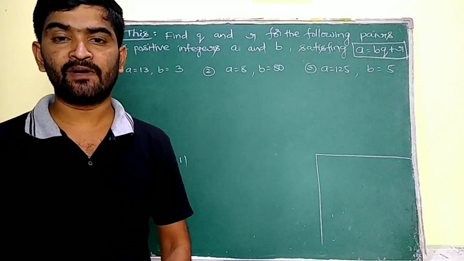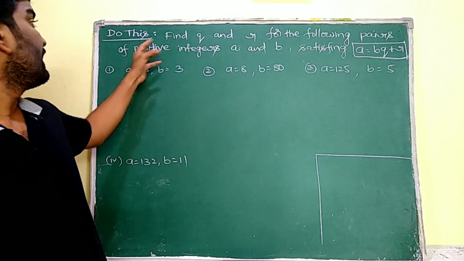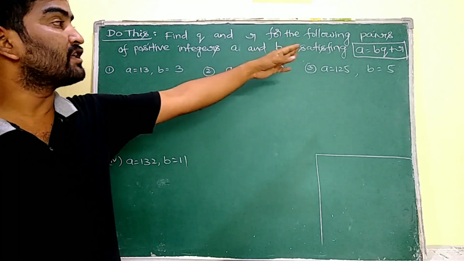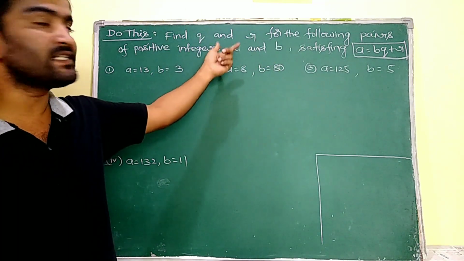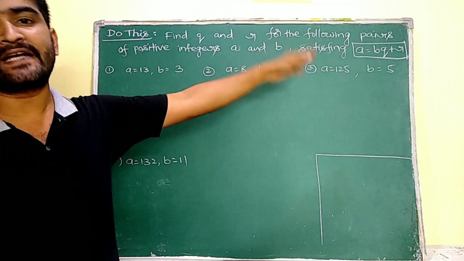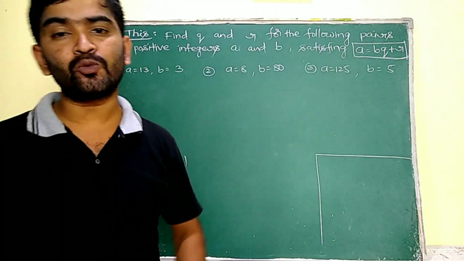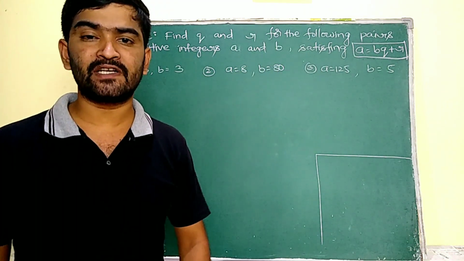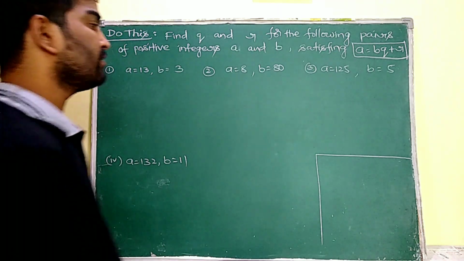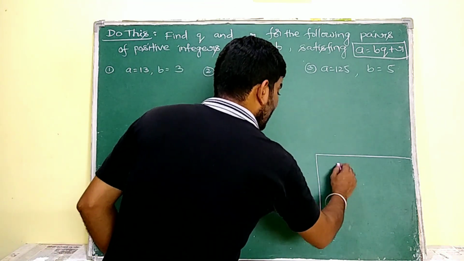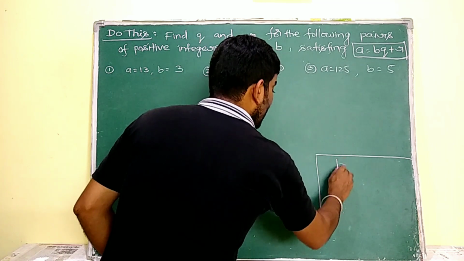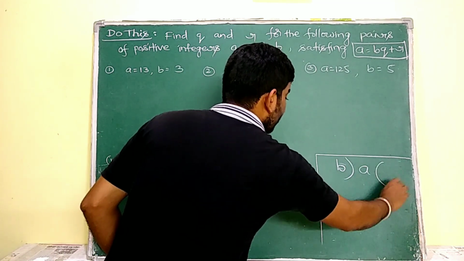Okay. Now do this. Find q and r for the following pairs of positive integers a and b satisfying a is equal to bq plus r. That a is equal to bq plus r is the division lemma. So we have to write that as a standard form. We know the standard form.